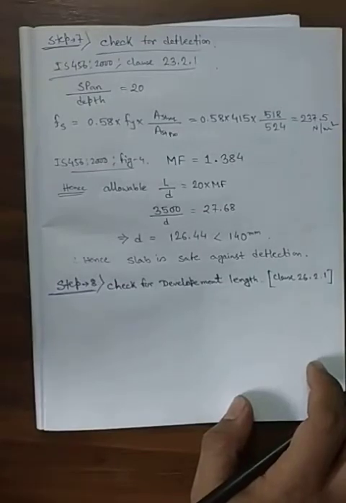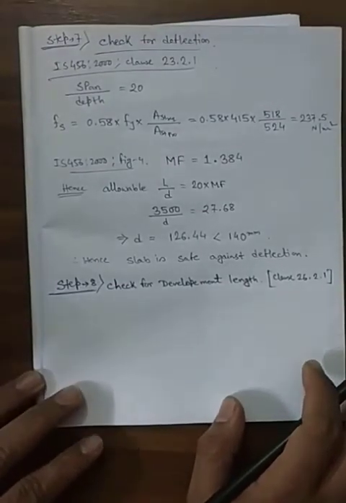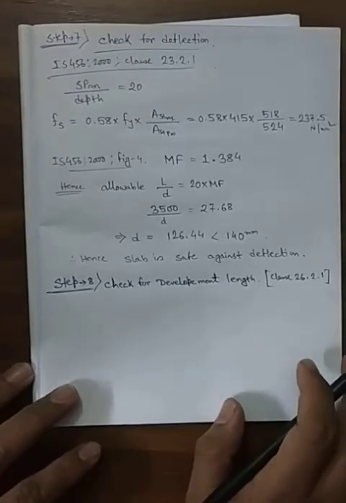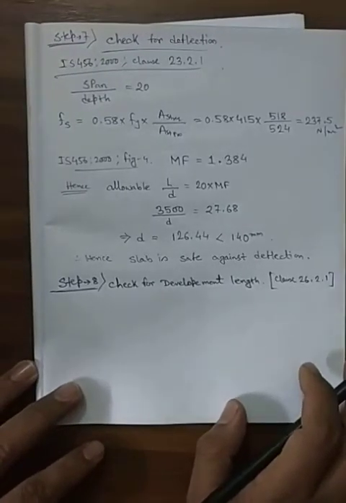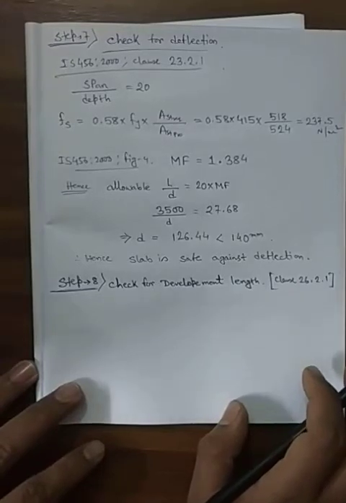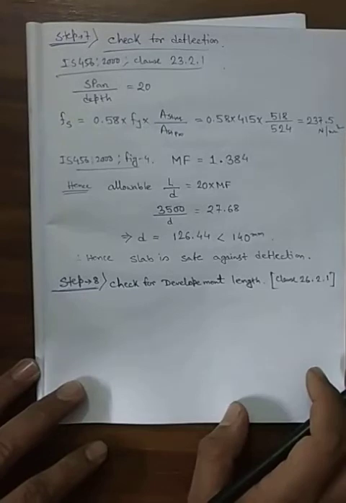You can completely study this development length theorem, and I also sent some PDF files about development length that you can easily learn from. So what does clause 26.2.1 say?